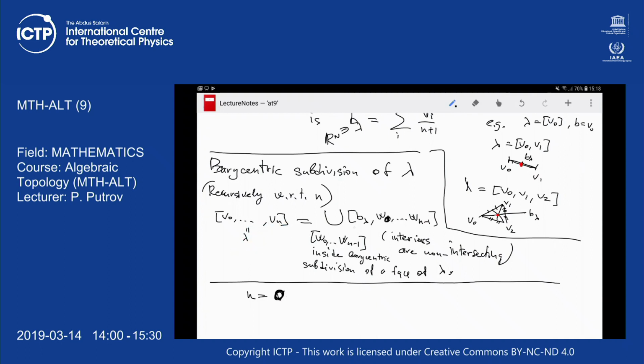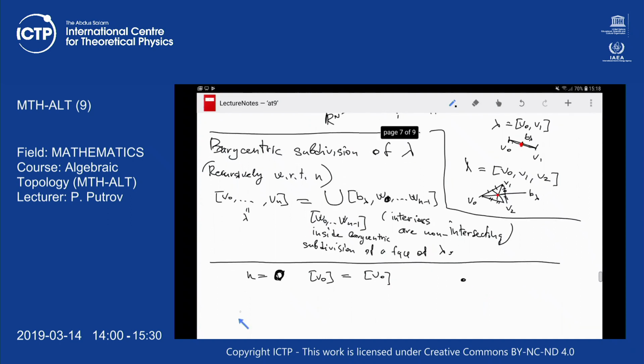So this will be an empty guy, and an empty guy is just decomposed into an empty guy. The subdivision of a point will be just the same point. It will be just one element of subdivision. It's trivial.